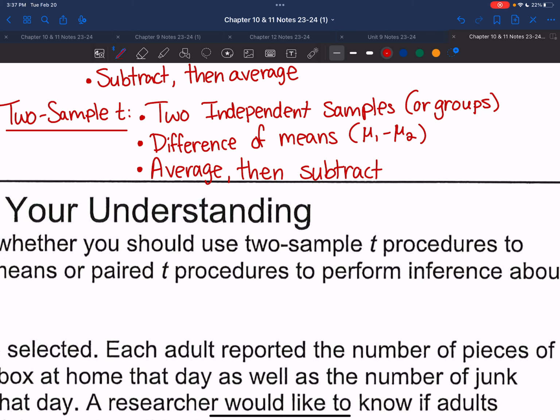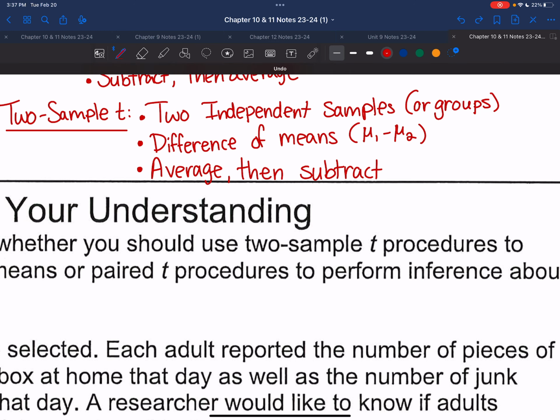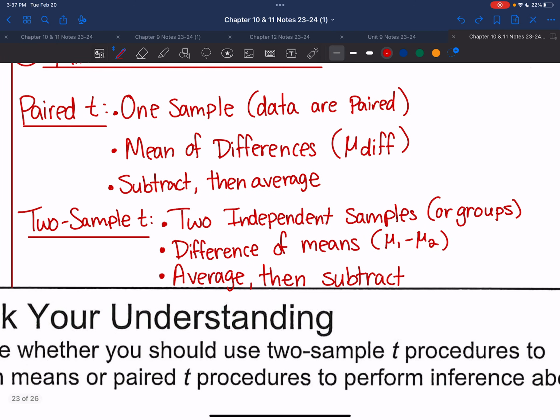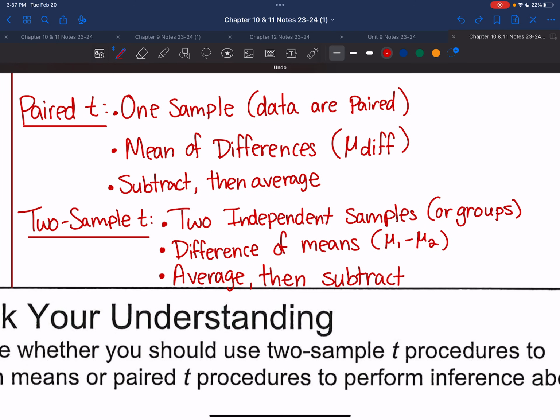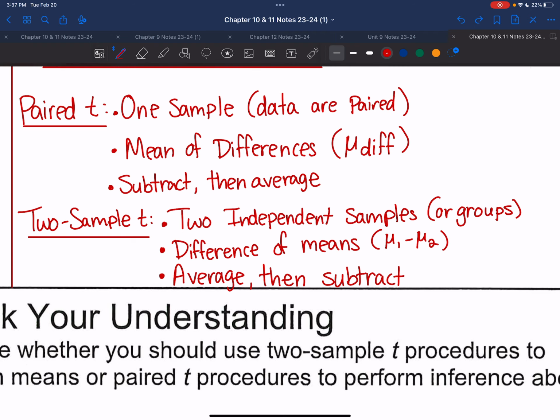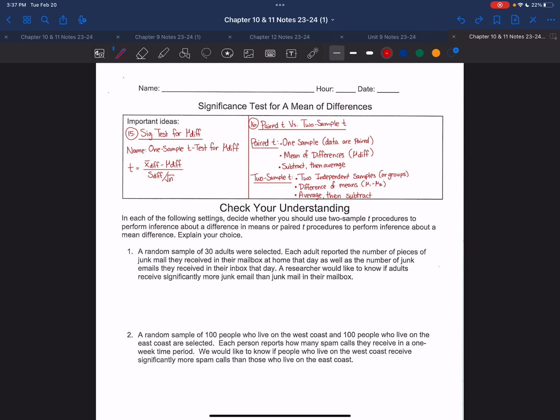So you find the average of group 1 and then subtract group 2. In the first one, in paired data, you usually subtract and then find the average of those. So it's a different order of how you do it.